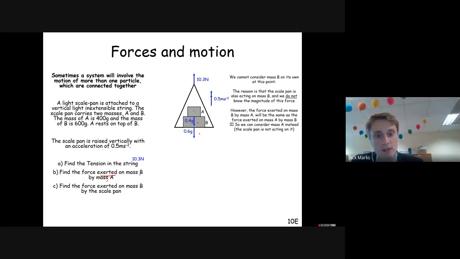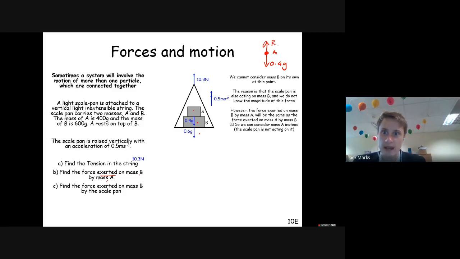And I'm only looking at this block itself. So I'm looking at block A. What forces are acting on A directly? Well, it's got its weight down, which should be 0.4g, and it's sitting on some sort of surface, so there's some reaction from B as well.